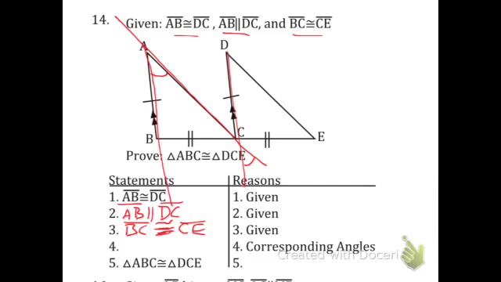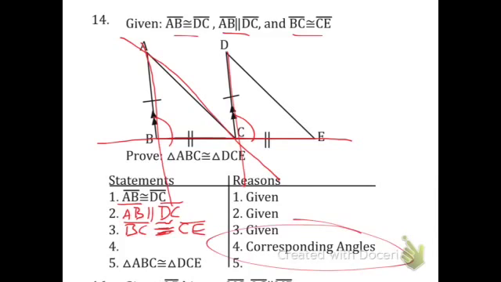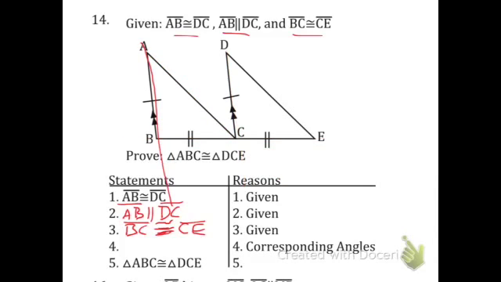Actually, we have 2 transversals going across. We got these 2. This angle is going to be the same as that angle because those are the corresponding angles, and so we're going to put that down as our angles here. Angle ABC is going to be congruent to angle DCE.